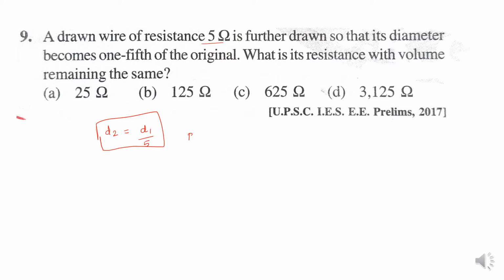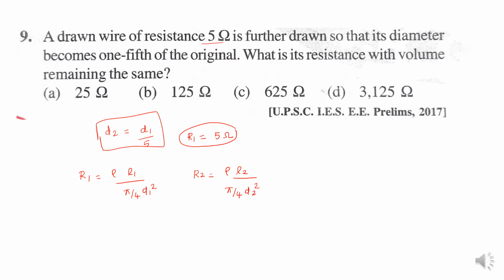Old resistance R1 is also given, that is 5 ohm. Now take the old resistance as R1 equal to rho into L1 by pi by 4 into D1 square. So what is R2? That is rho into L2 by pi by 4 into D2 square.